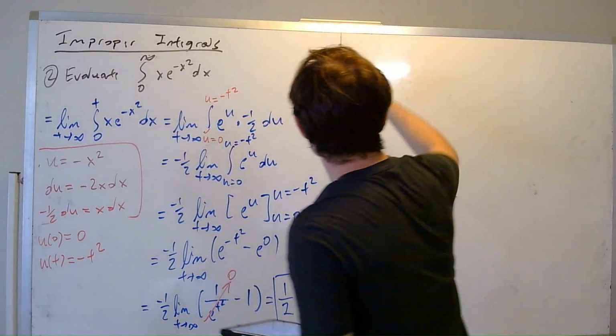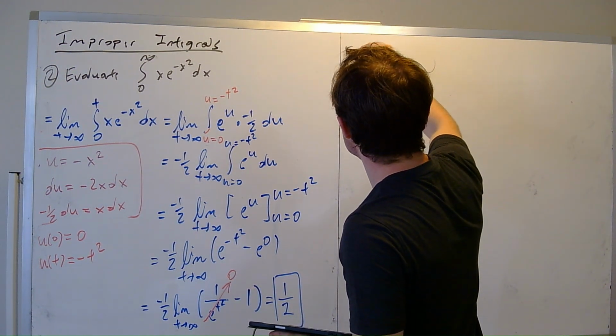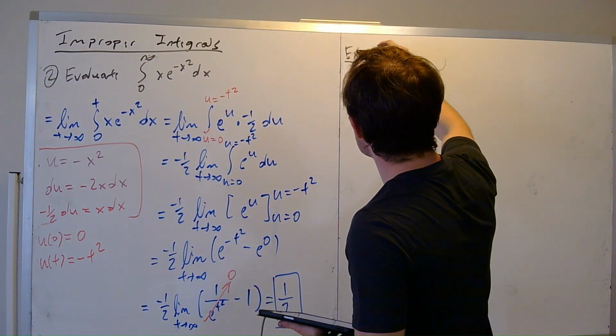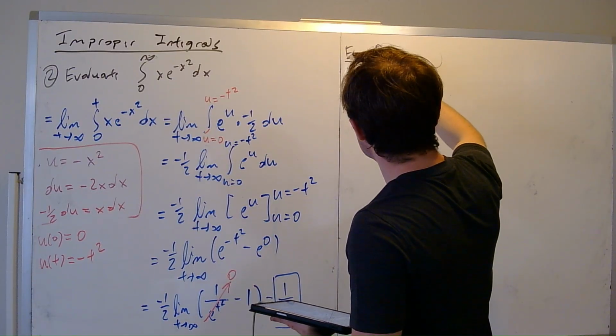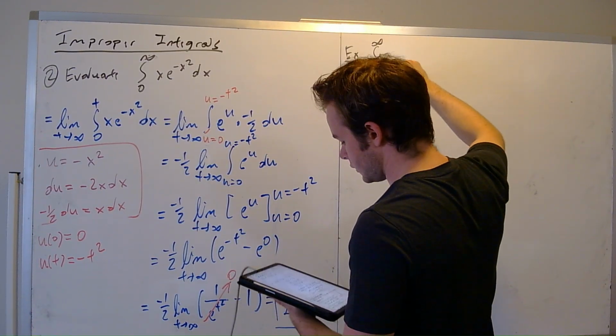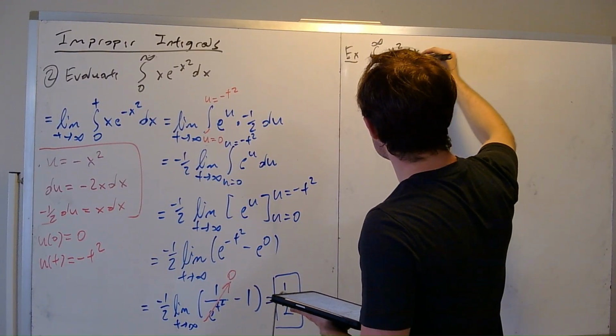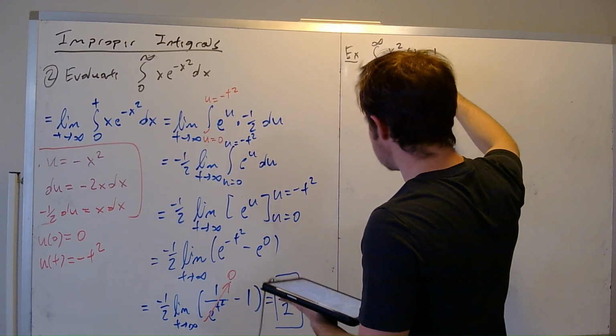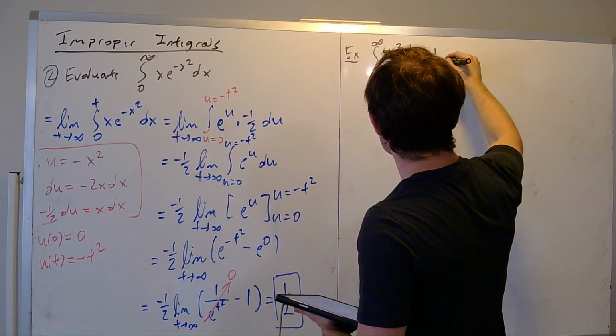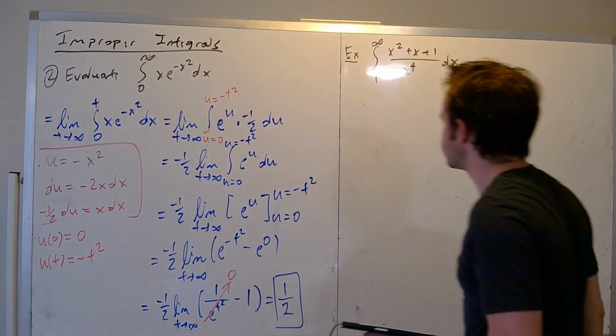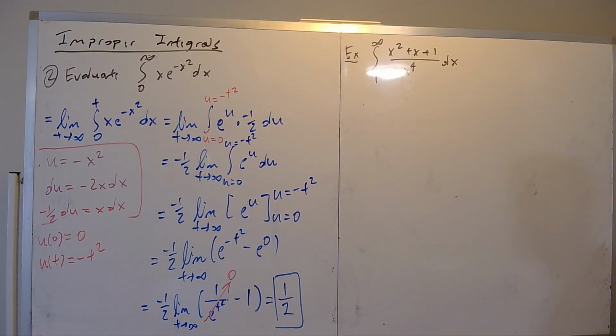Okay, so example. We're going to have the integral from 1 to infinity of x squared plus x plus 1 over x to the 4th dx. Remember, the first step in solving integrals is to try to algebraically simplify the thing.